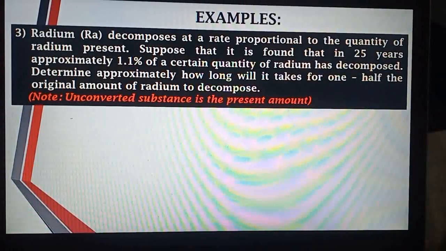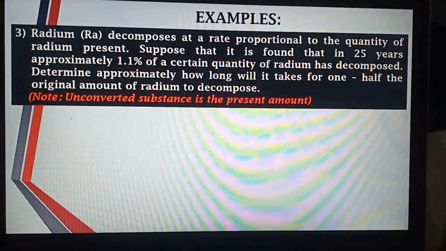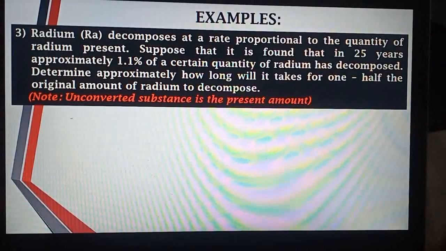So 1.1% of the radium has been decomposed after 25 years. To determine approximately how long will it take for 1/2 of the original amount of radium to decompose, or yung tinatawag natin na half-life nung radium. So noted again that the unconverted substance is your present amount.